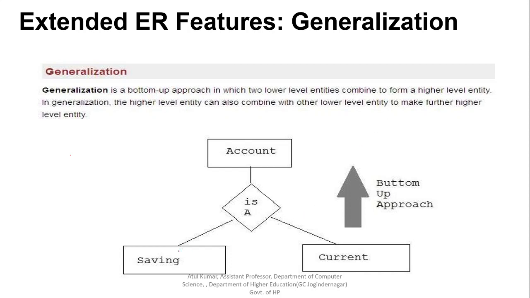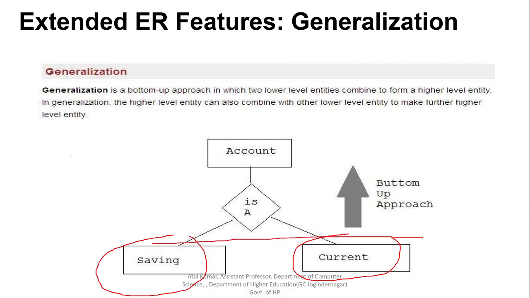As shown in the diagram, we have lower level entities, saving and current. When we combine these two entities, they become a higher level entity, that is account. The account may be a saving account or a current account.